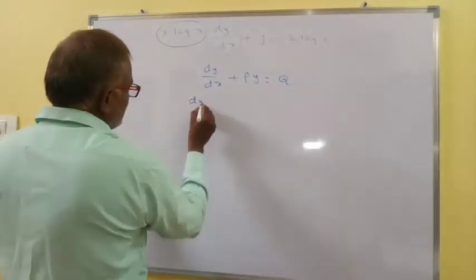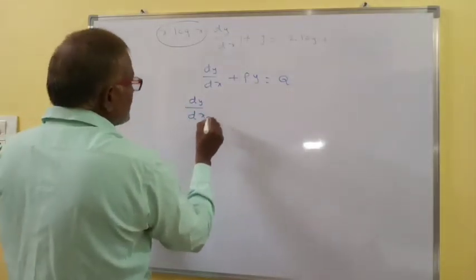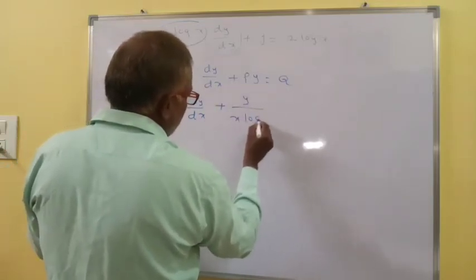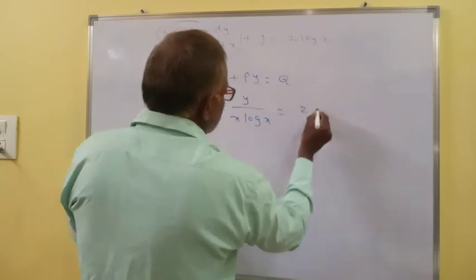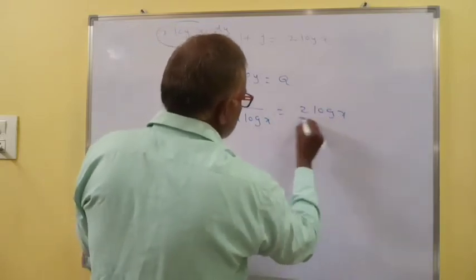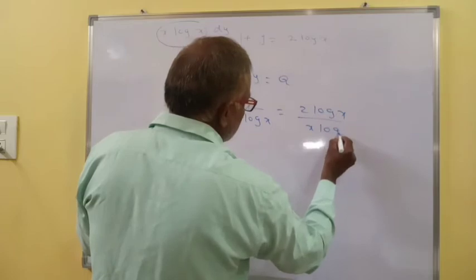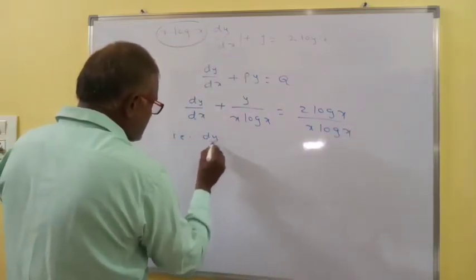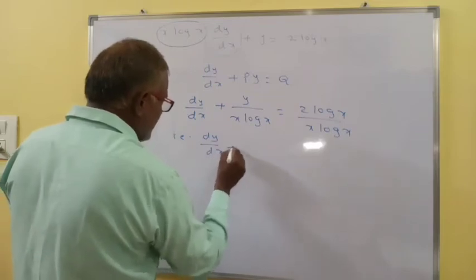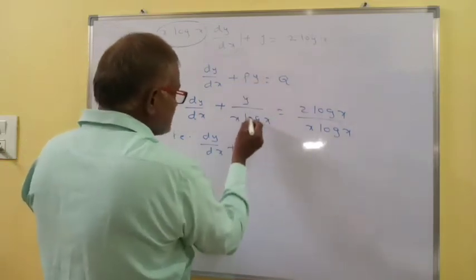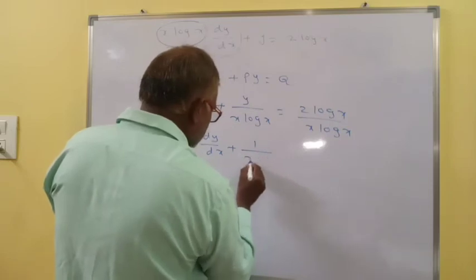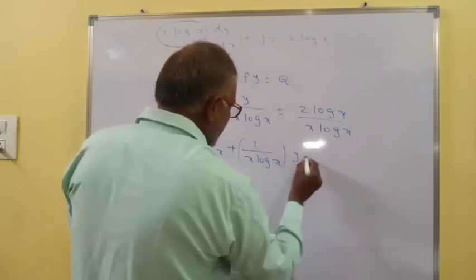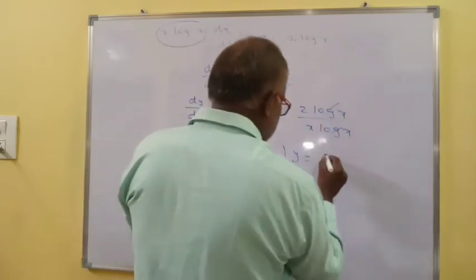That means the given equation becomes dy/dx + y/(x log x) = 2 log x/(x log x). This you can rewrite like this: dy/dx, here P means 1/(x log x) into y. Log x gets cancelled. That's all.